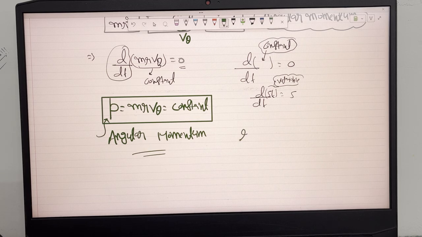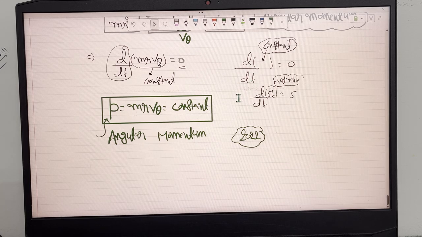In 2022, a question came from here. It was an MSQ question, multiple select question. There were 2-3 more options, but one of the options was this, in which case angular momentum is constant. When I practice the questions for you, I will let you know how to solve them and what they actually asked. So this is your angular momentum.